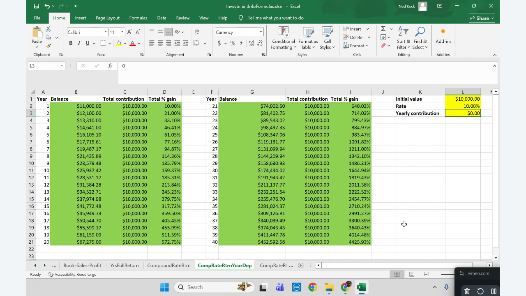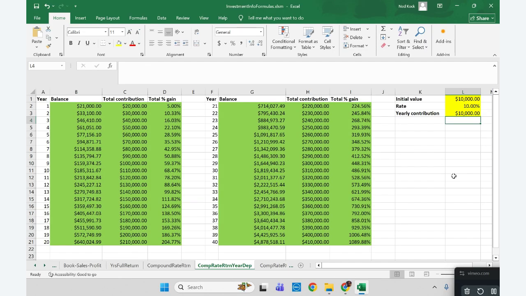Now let's say that you would start with 10,000 and every year you would contribute another 10,000, which is more like a 401k approach. So initially you would have your initial 10,000 plus 10,000, that would go to $500,000 in 20 years.